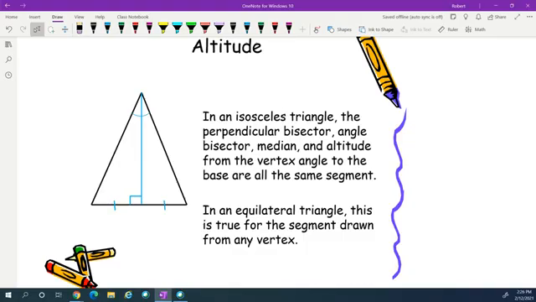It's a median because it comes from a vertex to the midpoint of the opposite side. And it's an altitude because it's vertex perpendicular to the opposite side. So each term has its own definition, but sometimes a segment fits more than one definition. And we always want to make that observation.